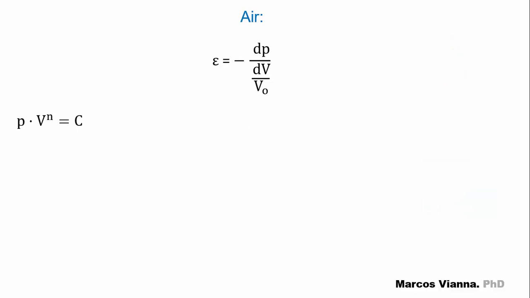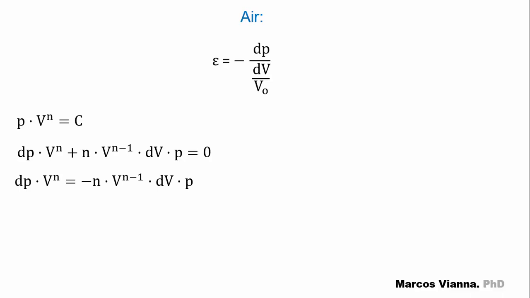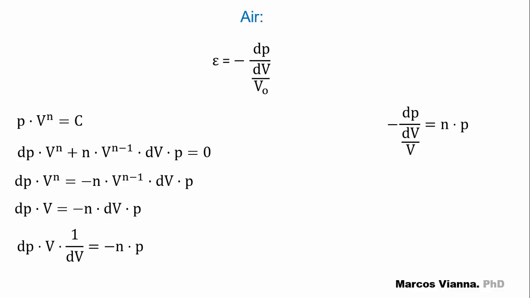Let's rewrite the gases equation and find its derivative. We rewrite it, and again, and another time, and we find this expression that shows that the modulus of elasticity of a gas is equal to the pressure times the index n.